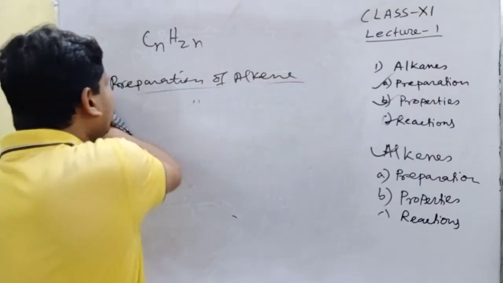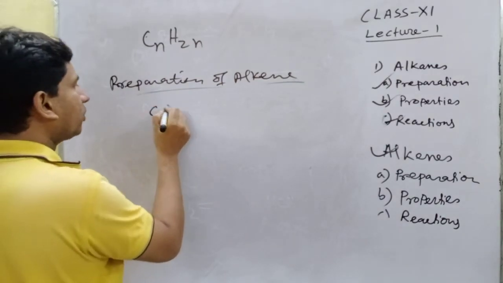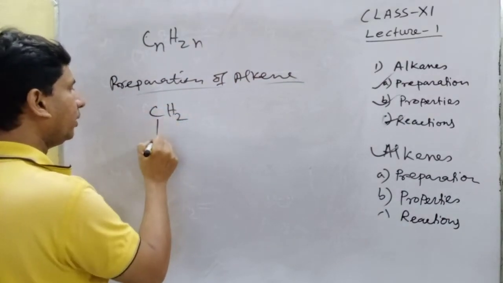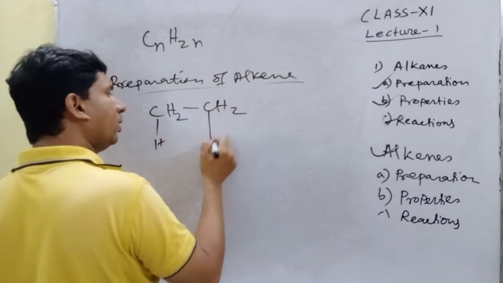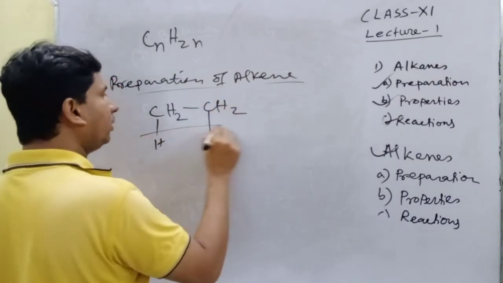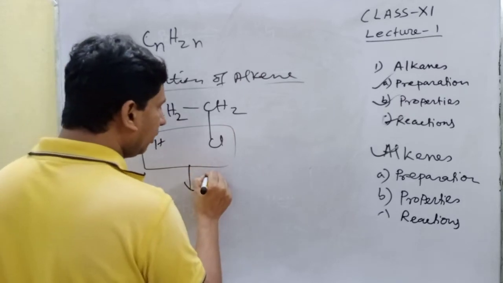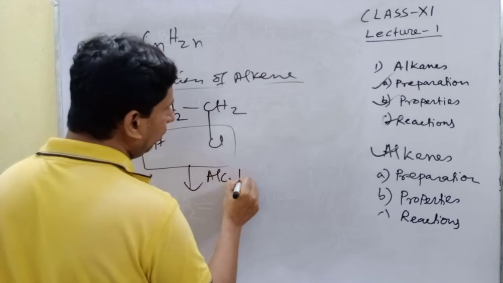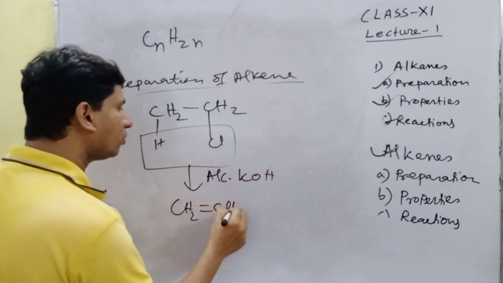So from haloalkane we can get alkene. That means many reactions are there. In this way, CH2Cl, then the HCl can be removed by using alcoholic KOH, giving CH2 double bond CH2.